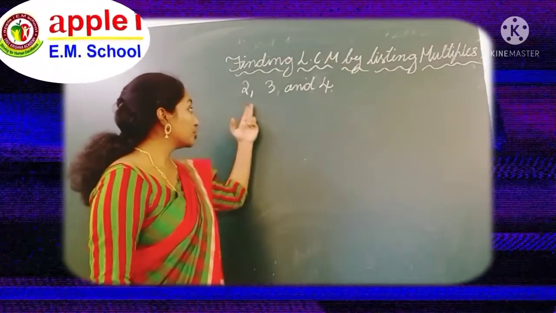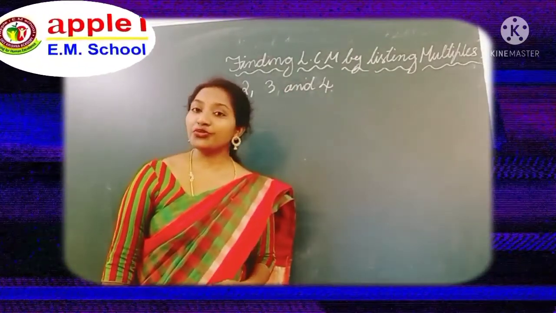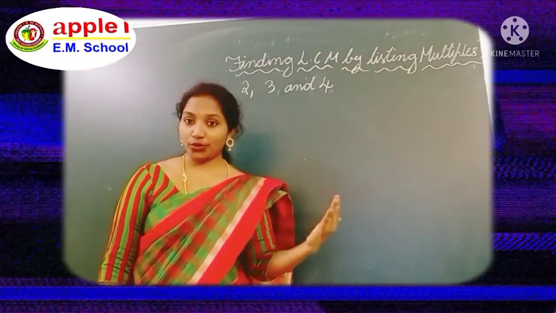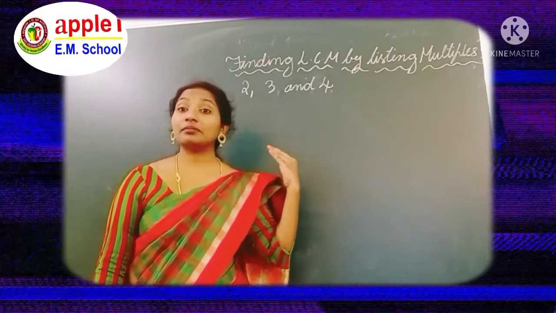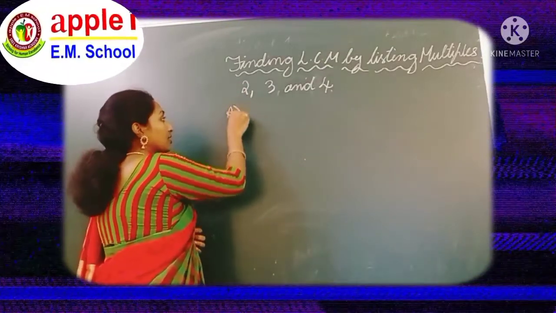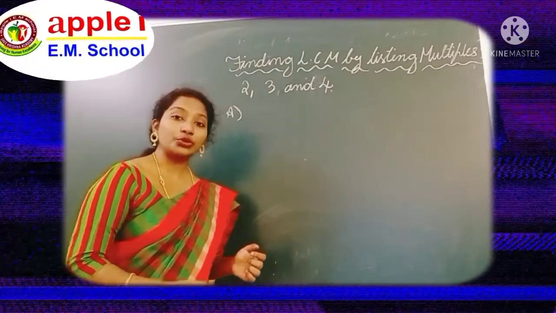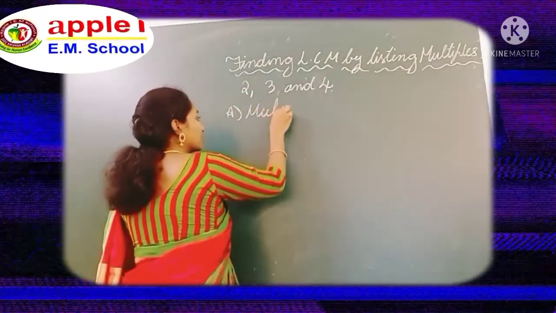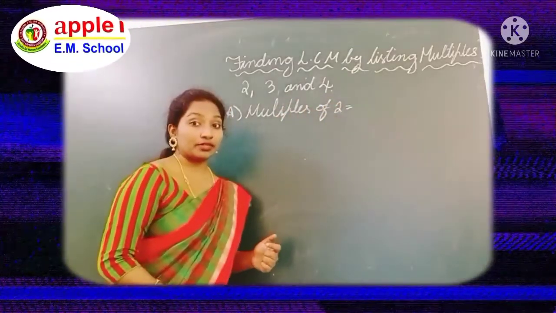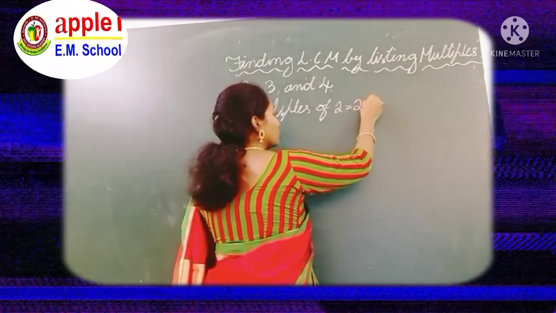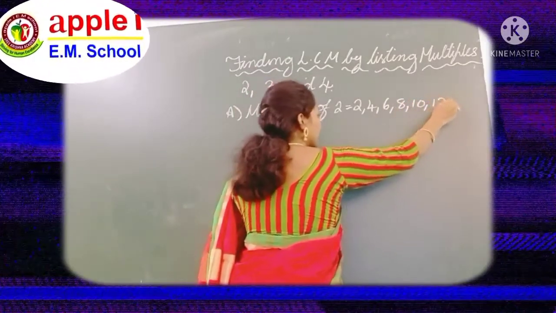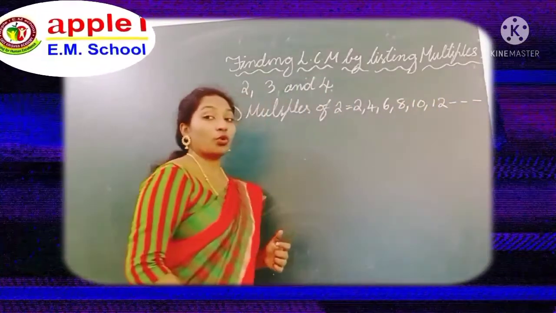Let us see this example. LCM for 2, 3 and 4. How to find the LCM for 2, 3 and 4? First we have to write the multiples. First, multiples of 2: 2, 4, 6, 8, 10, 12 and so on.